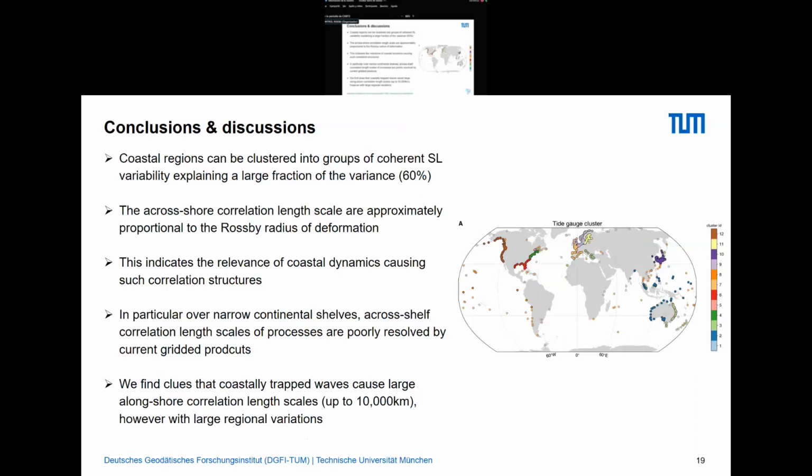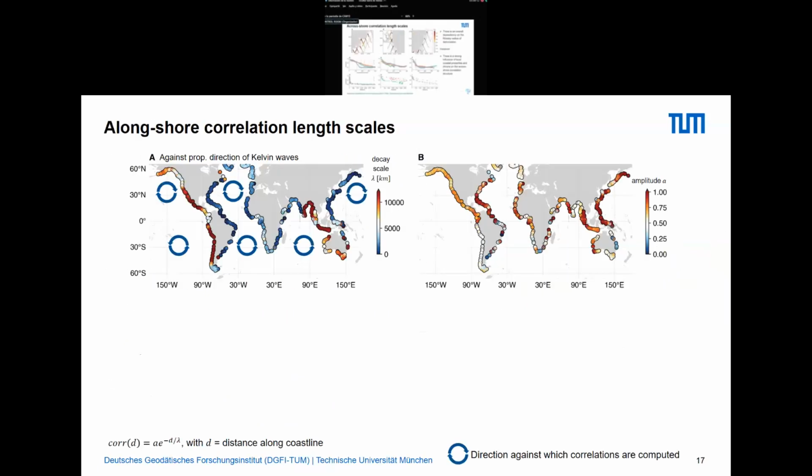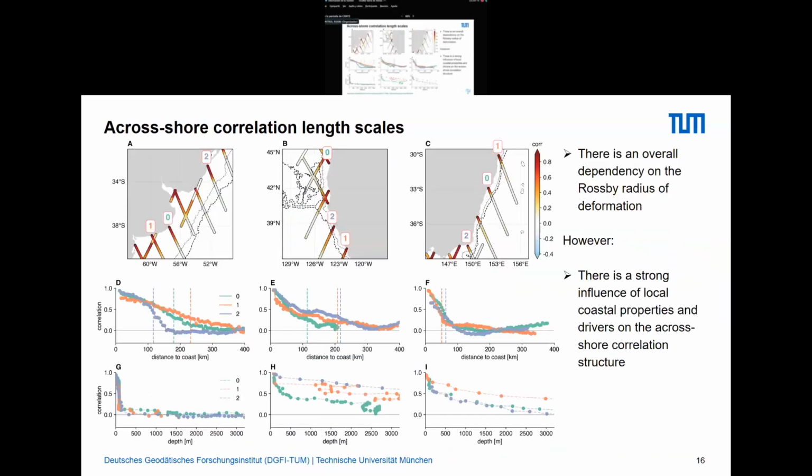Also, we see that the across-shore correlation length scale is often highly correlated with the shelf width, but that's of course not always the case, as can be seen in this example, which I skipped, where we see the correlations plotted against distance to coast and water depth for different locations.